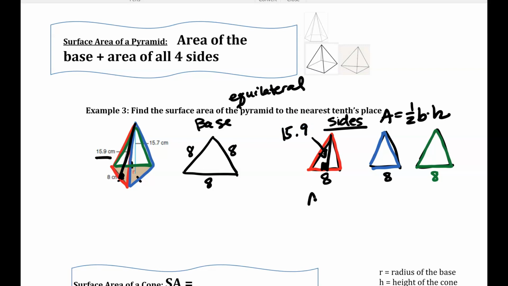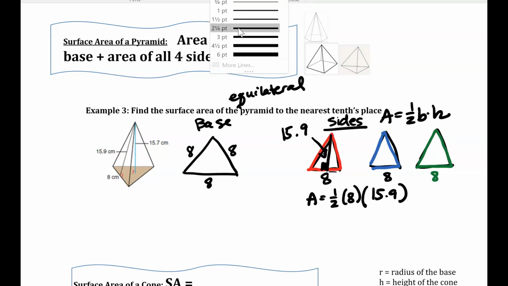So I'm going to use my formula, 1/2 base of 8, height of 15.9, and I know that 8 and 15.9 are my base and height because those are the lengths that are perpendicular to each other. So I'm looking for that right angle. So I'm going to just erase this so we can see it a little bit more clearly.